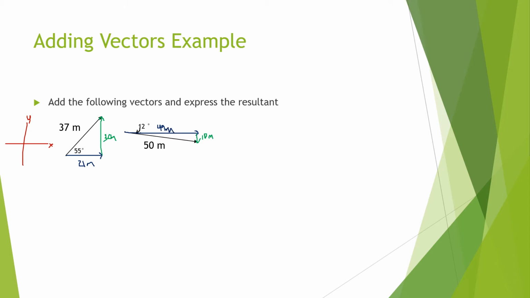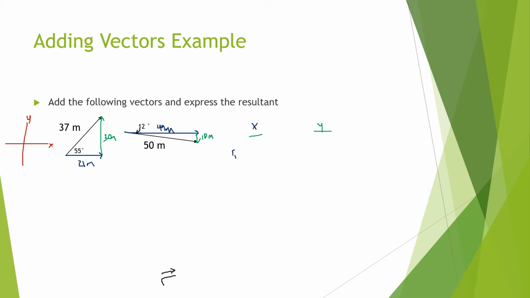Now that I have the components broken apart, I can start the adding process. To do that, I'm going to add the x components together, and I'm also going to add the y components. We'll call our resultant vector vector r. So we're trying to solve for vector r, what we get when we add these two things together. Looking at the x, I see both of my components are in the positive direction.